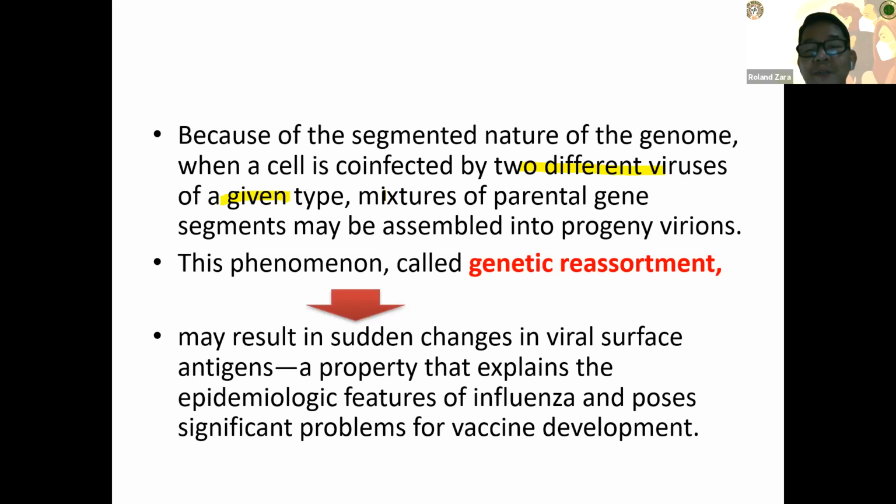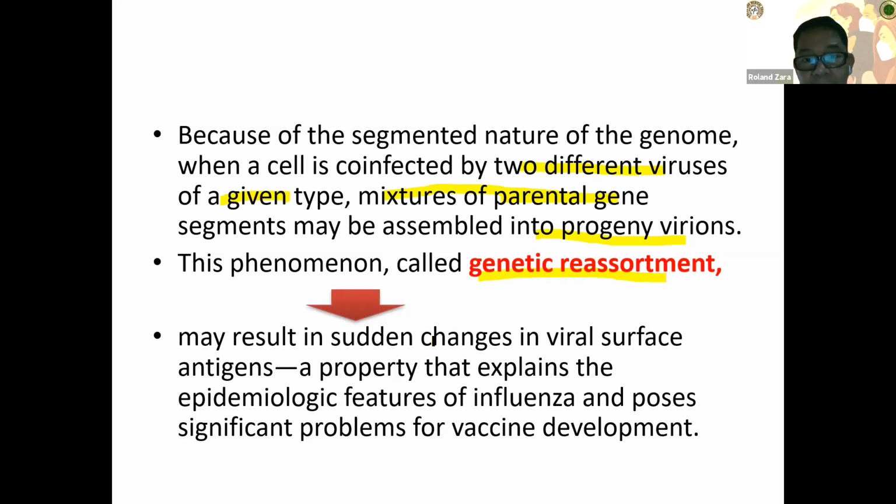So there will be a mixture of parental genes from the animal and from the human. Okay, so they may be assembled into progeny virions. So they make a new strain of virus. And this phenomenon is what we call genetic reassortment. So influenza genes from this animal go into the human, and there will be genetic reassortment.